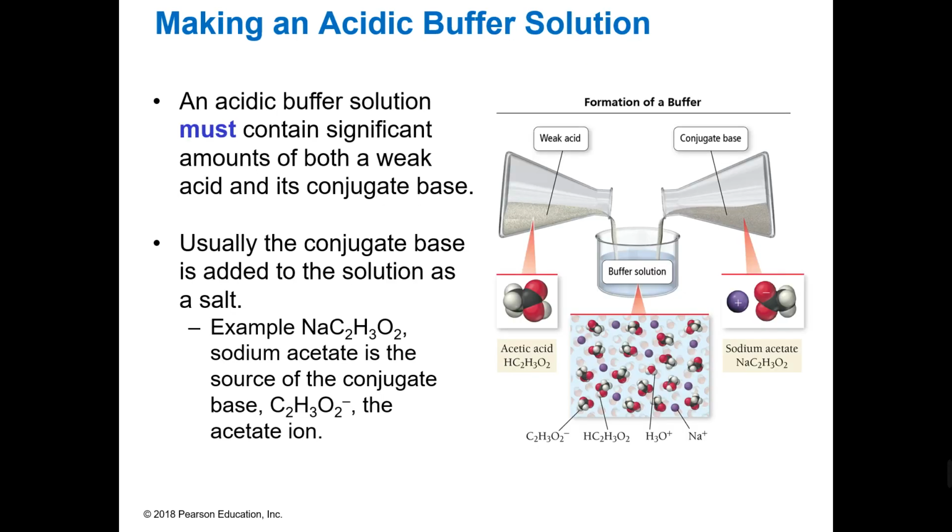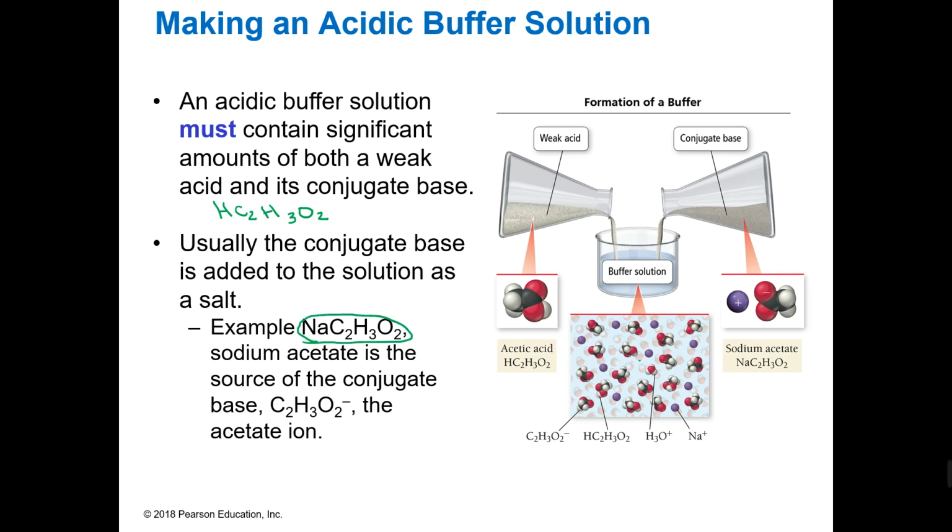So when we have an acidic buffer, that's going to be our most common one. It's going to contain our weak acid and its conjugate base, which is going to be the anion of that weak acid. Now, the most common one you're going to see is acetic acid, and usually sodium acetate.